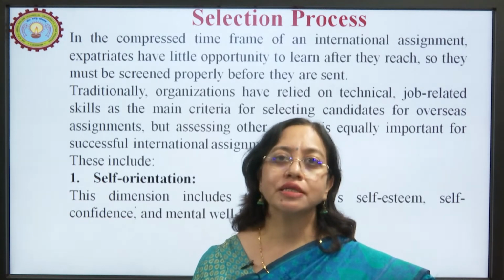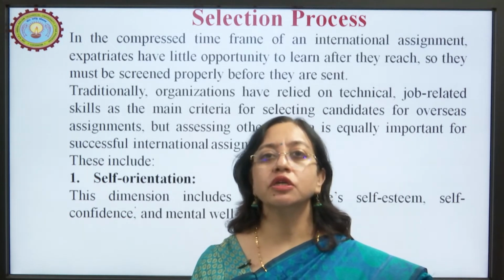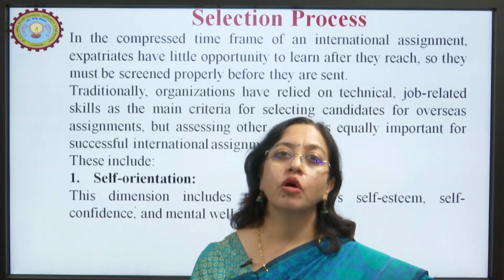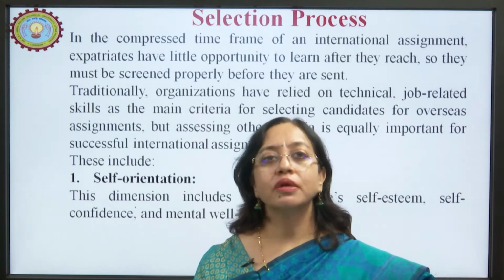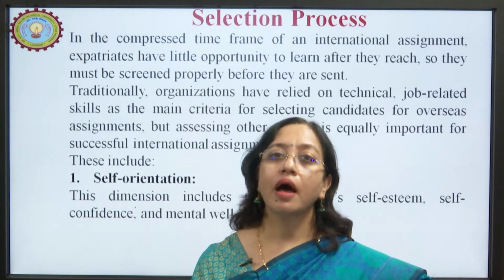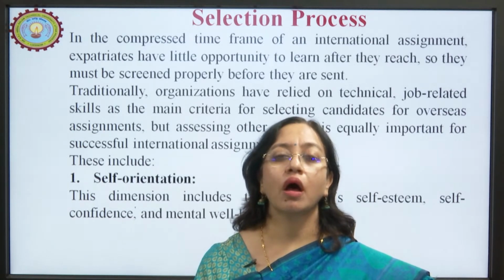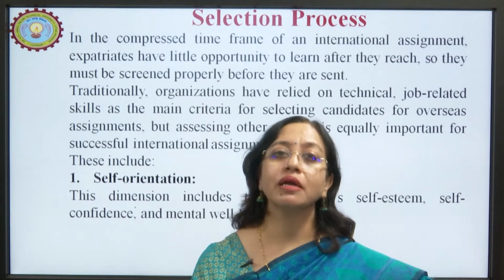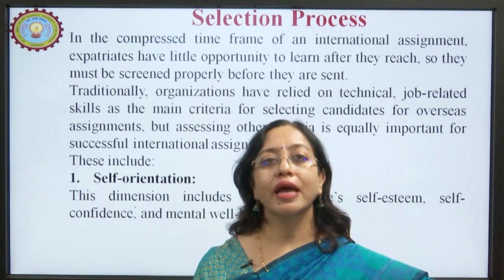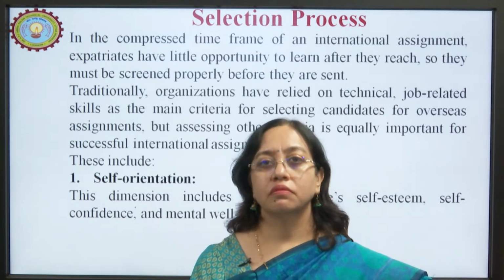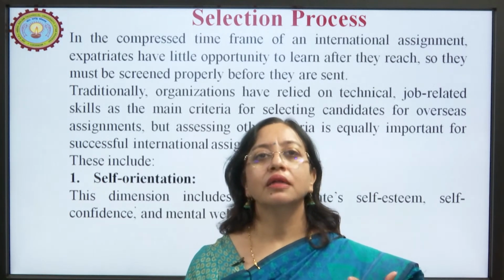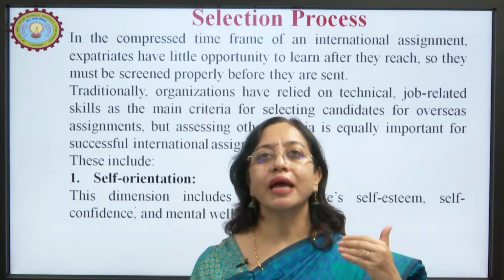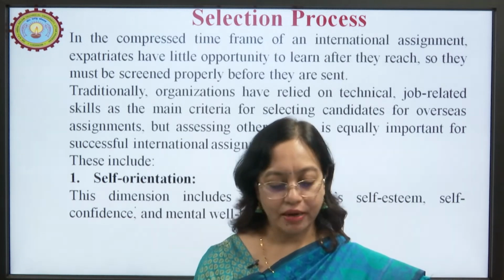To a large extent our ability to adapt to new things, or to perform or learn new things, also depends upon how high my self esteem or self confidence is, or how mentally strong the person is. So, an organization has to assess the degree of self orientation of the person before sending that person to an overseas assignment.